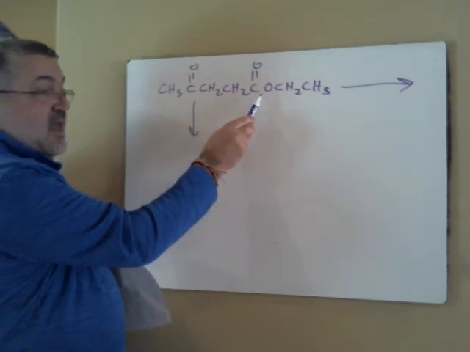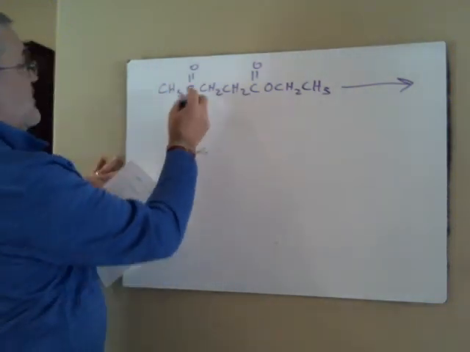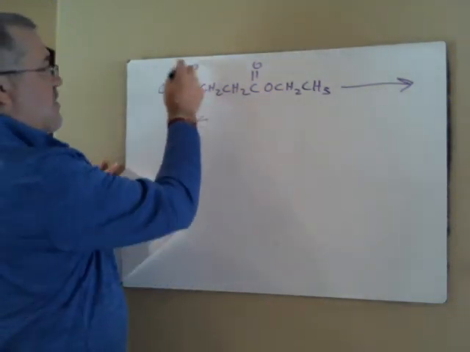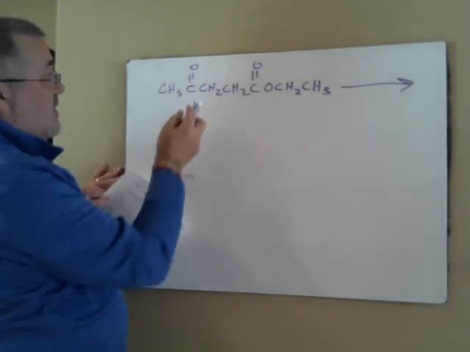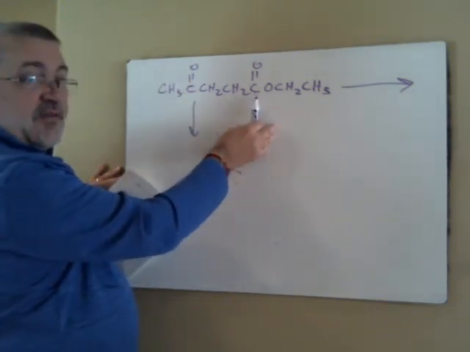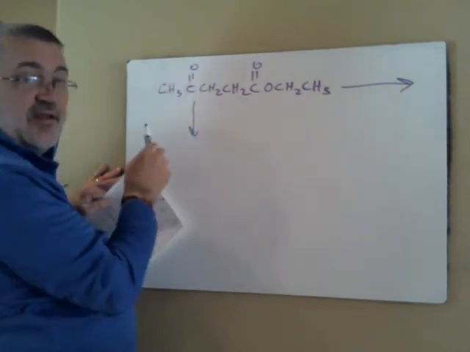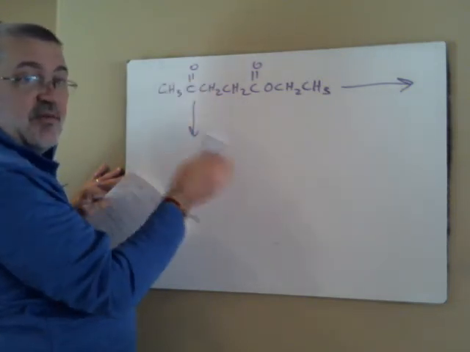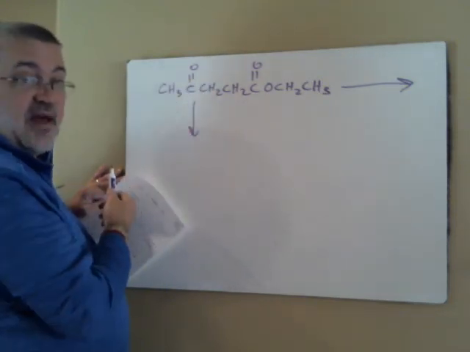Okay? And so what I can do is take this and convert it into the acetal. Then I'll be able to reduce this with LAH and nothing will happen to this carbonyl. And then I just remove the acetal and I'm back to that carbonyl.